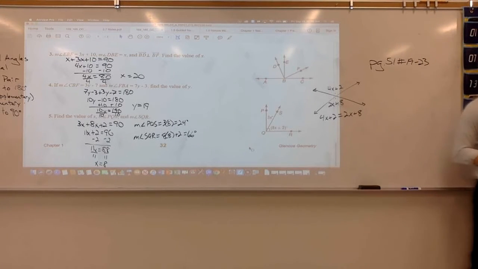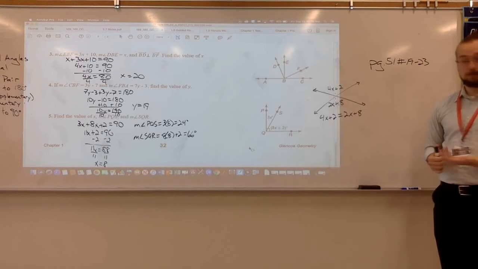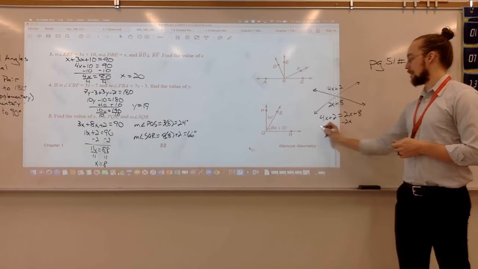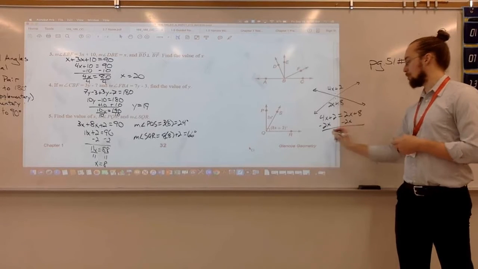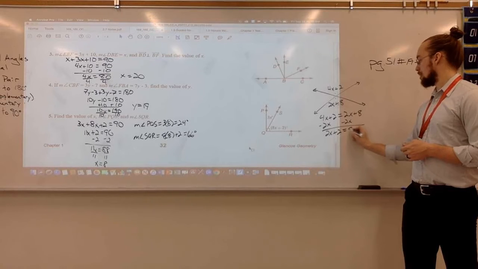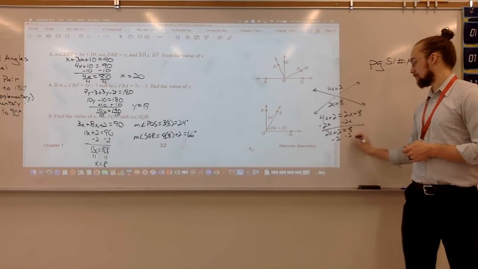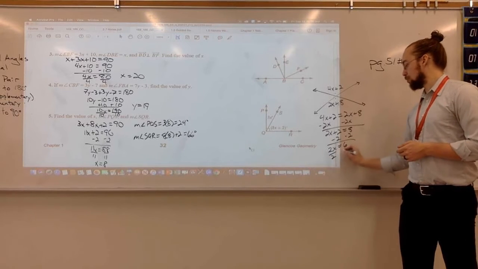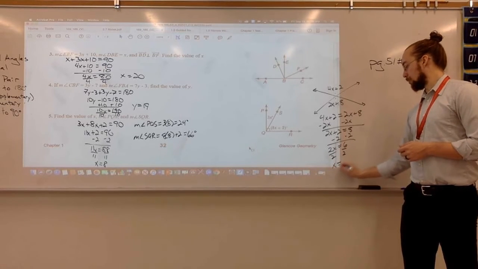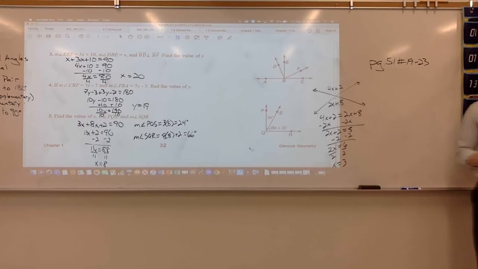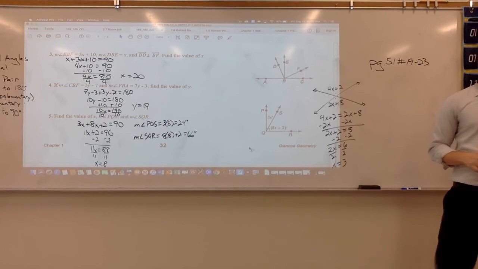Vertical angles are equal to each other. So to solve, we would just subtract 2x, get the x's on one side, and then get the numbers on the other. Divide by 2. We would get x equals 3. So 2 times 3 plus 8.